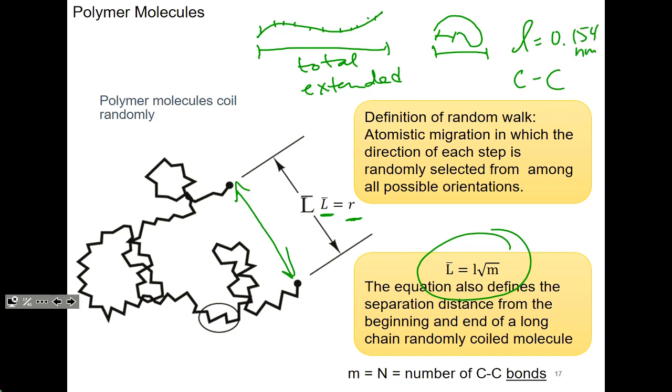So if there are 1,000 repeat units, there are 2,000 bonds, because when you have a monomer like this, let's say polyethylene, because we like this example so much, when you take a monomer like this and then make it into a mer, you take away one of the double bonds and make it into another single bond, okay?